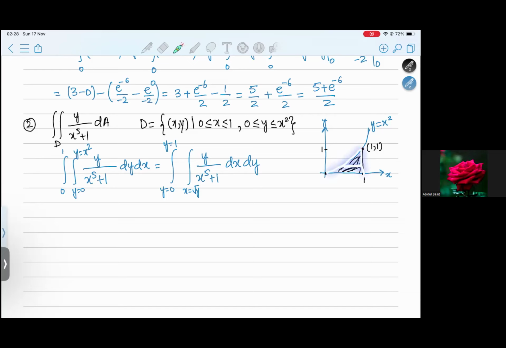So this line is x is equal to 1. So the x limits will be x is equal to under root y till x is equal to 1.